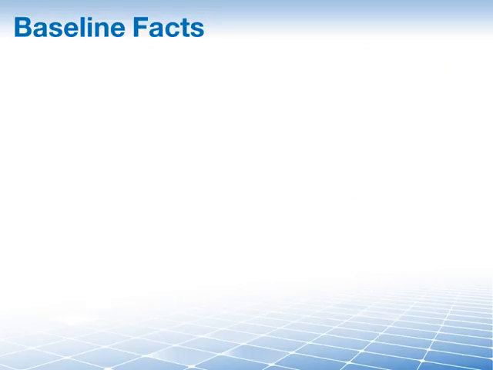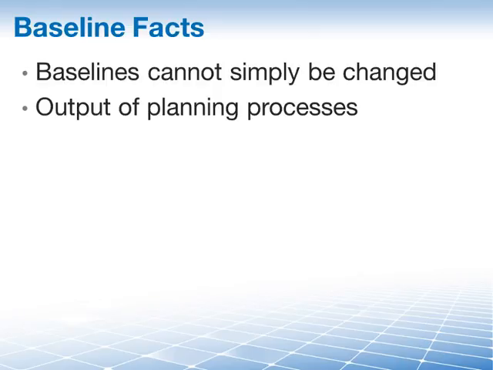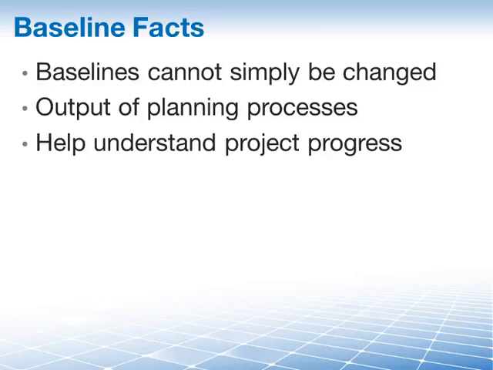A few facts that are common to all baselines are that baselines are approved and cannot simply be changed. Baselines are outputs of planning stages and are referred to and updated during execution and monitoring and controlling process groups. Baselines enable a project manager to understand the project progress by analyzing the baseline versus the actual performance and help forecast the project outcome.